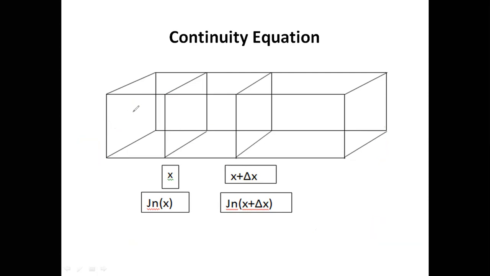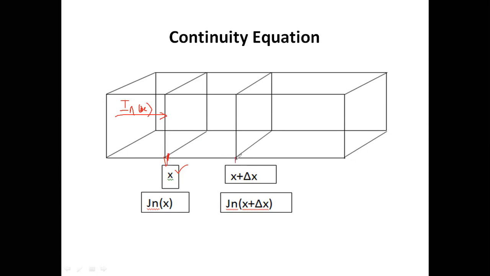Right. So at point X, current is entering. I call it I of X. Since the current is due to electrons, I call it In of X. At point X, the current is entering into the box.